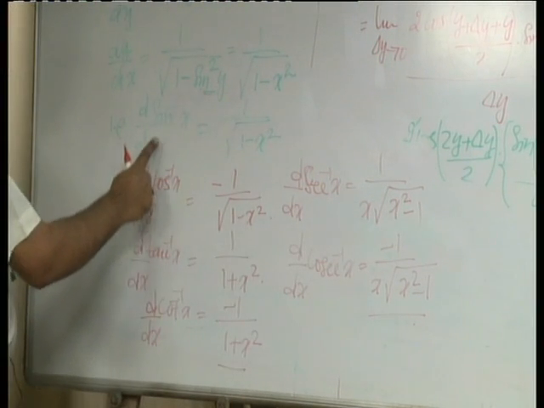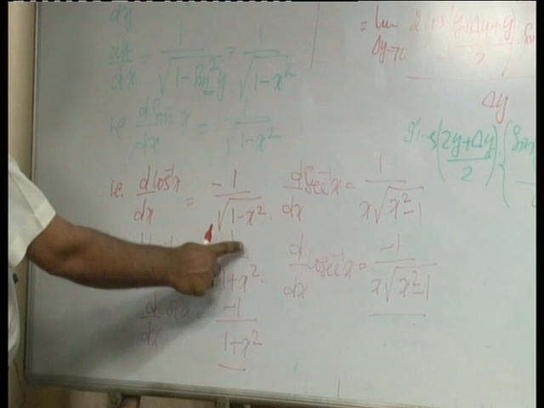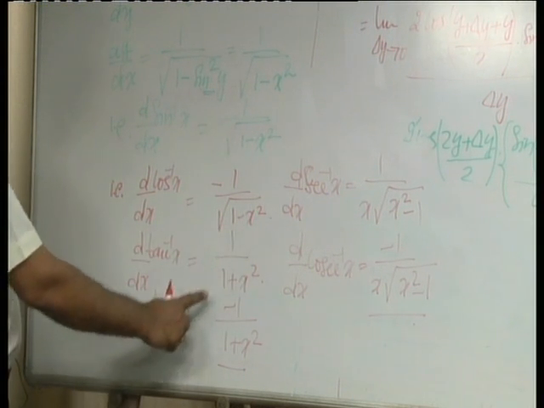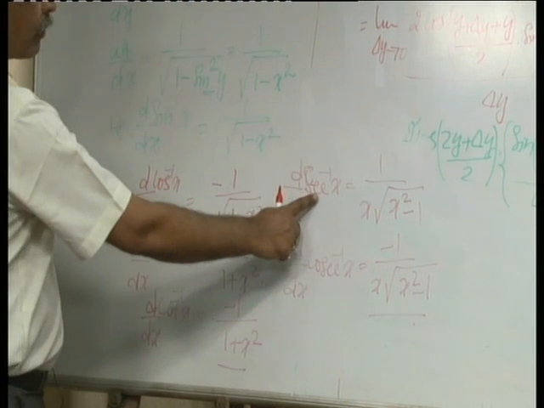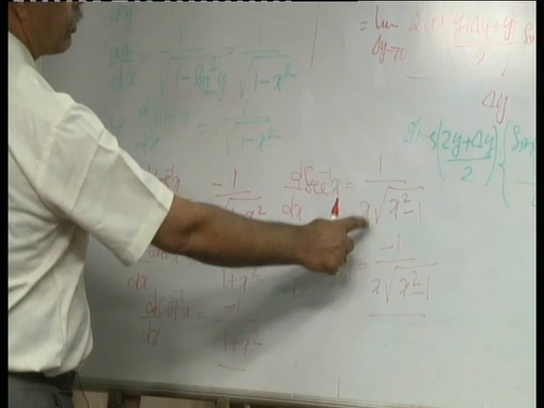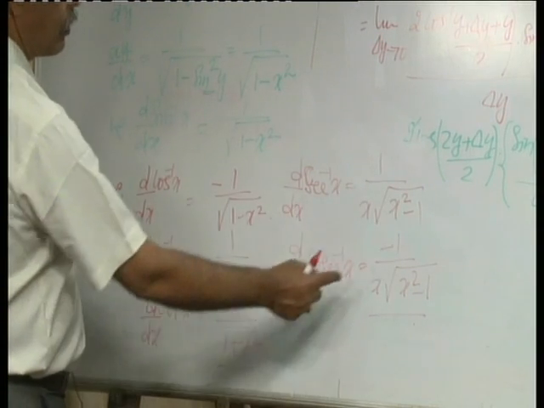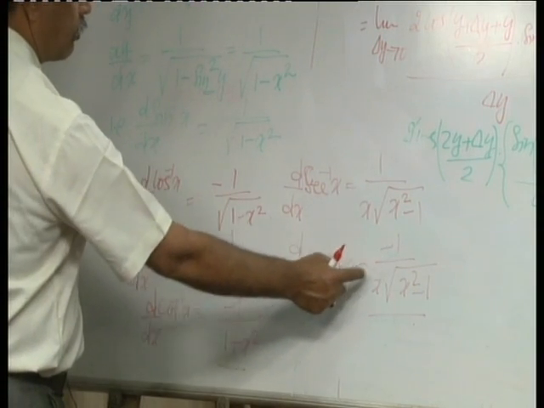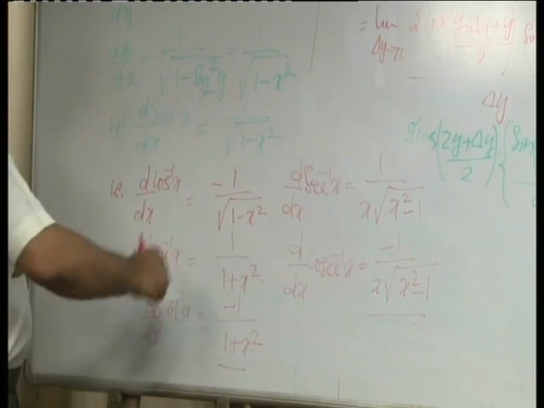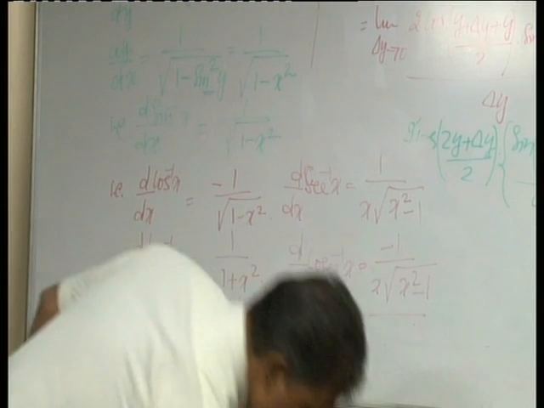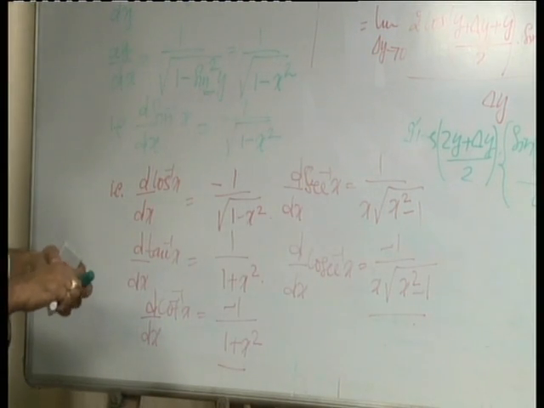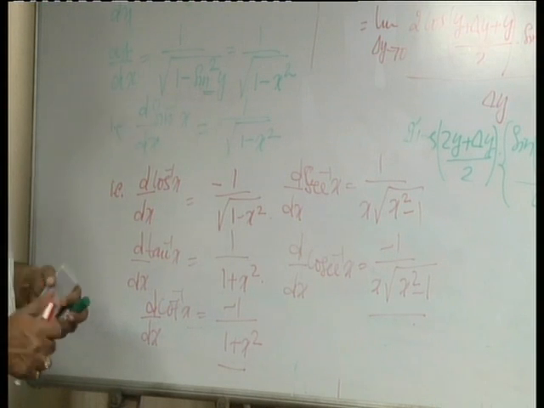So, differentiation of sin inverse and cos inverse is 1 by root of 1 minus x square, differentiation of tan inverse and cot inverse is 1 by 1 plus x square, differentiation of secant inverse and cosecant inverse is 1 by x into root of x square minus 1, where for cosecant inverse it will come minus, for cot inverse it will come minus, again for cos inverse it will come minus. So, these are the derivatives of inverse trigonometric functions.